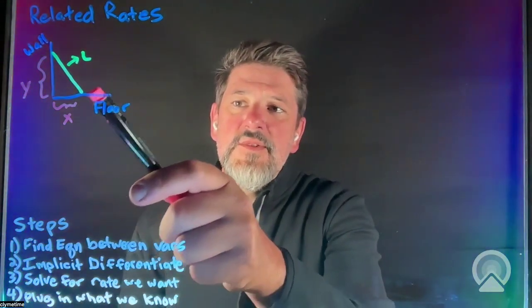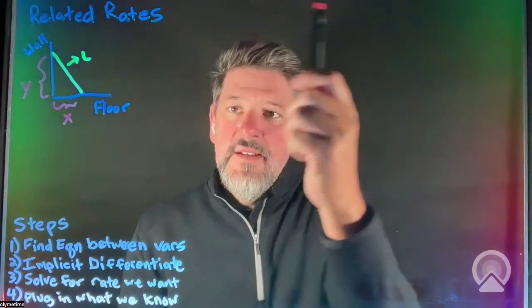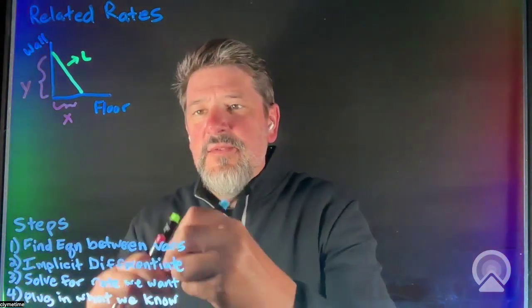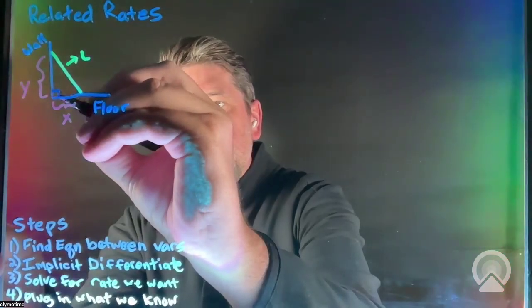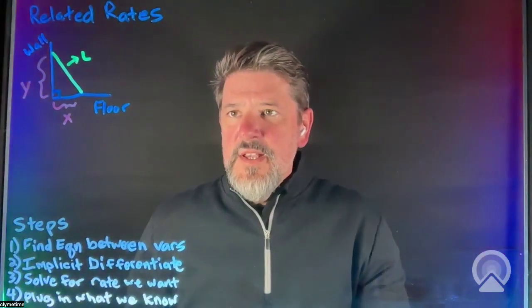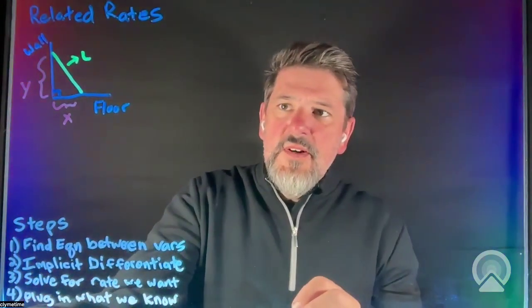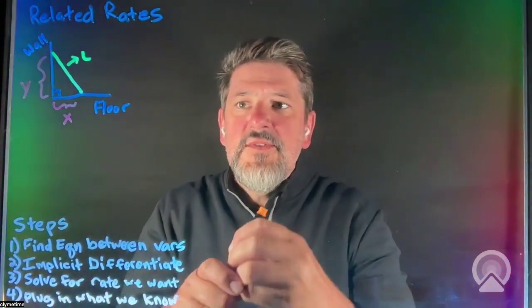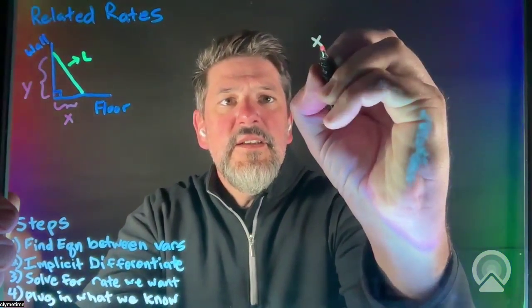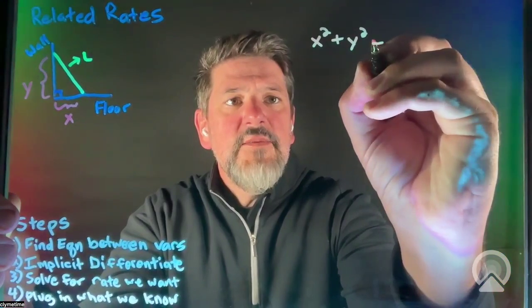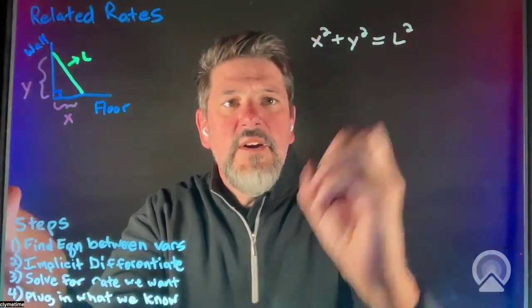So we want to find an equation between X and Y and L. And what you might recognize there is we have a right triangle. And if we have a right triangle, we can use the Pythagorean theorem. So the Pythagorean theorem is going to look something like this. We're going to have x squared plus y squared equals L squared. So step one is to find an equation that relates the variables together.